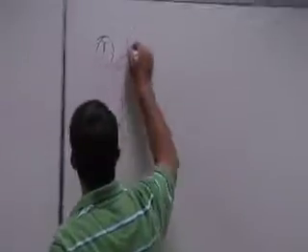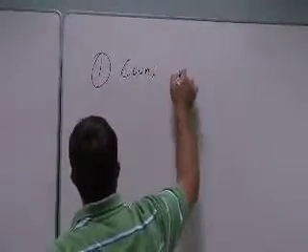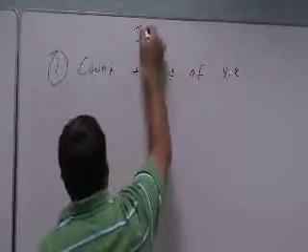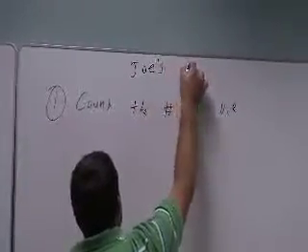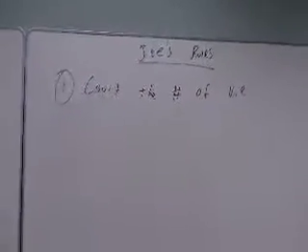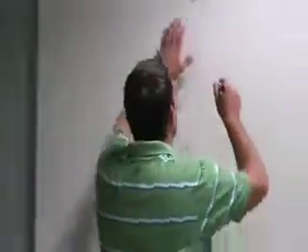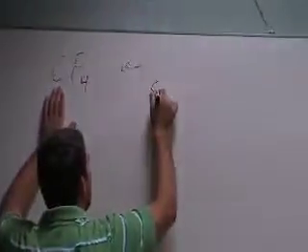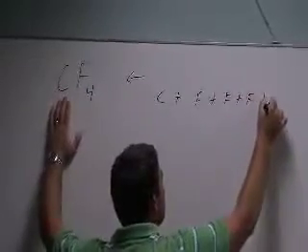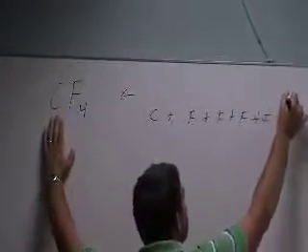The first one is count the number of valence electrons, and we're going to call this right here Joe's rules, right? That's official. You're not going to find that anywhere else. So Joe's rule said, let's just go ahead and count the number of valence electrons. How many do we have? Well, here we've got a carbon, a fluorine, a fluorine, a fluorine, a fluorine, and that's it.